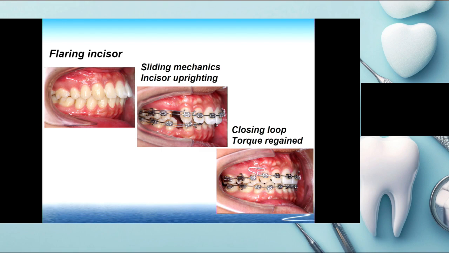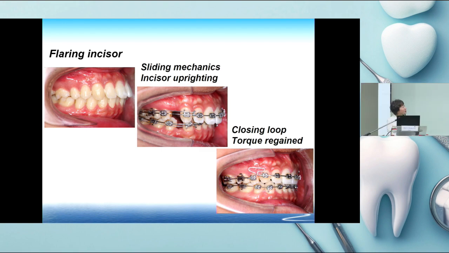Before, he had flaring incisors. And during the treatment, he's in a rush. He wants to go abroad to study. So we had to pull the teeth back much faster.